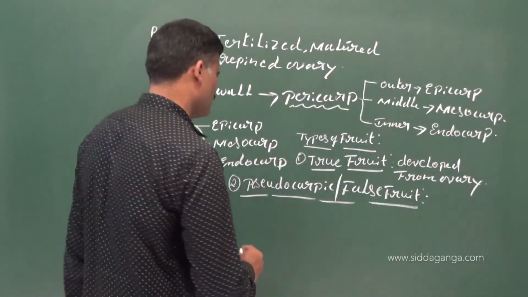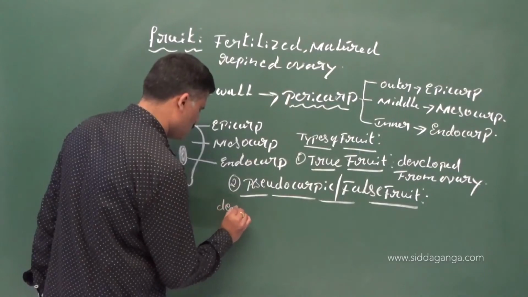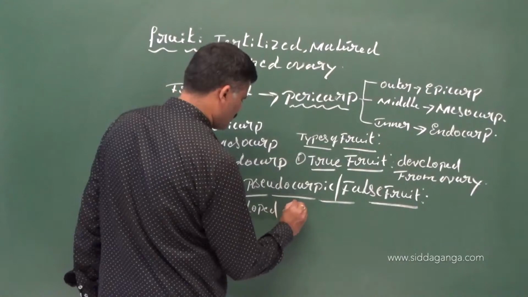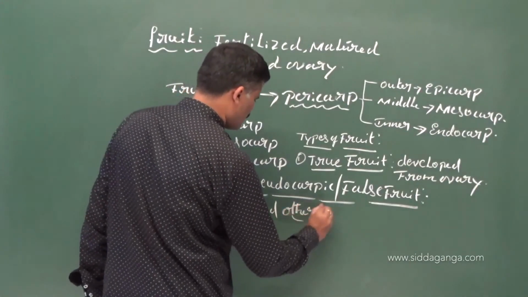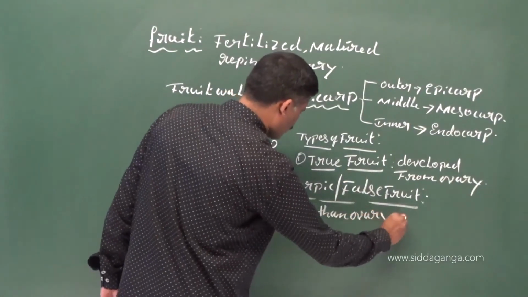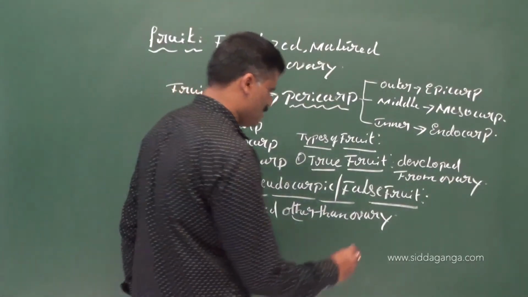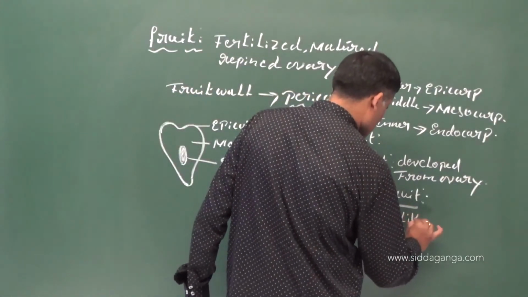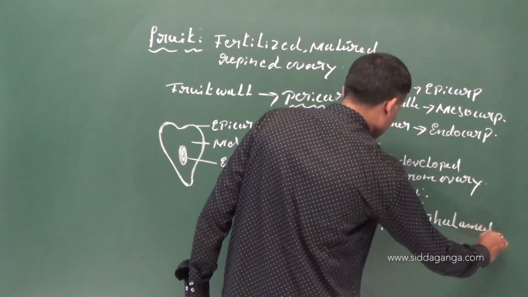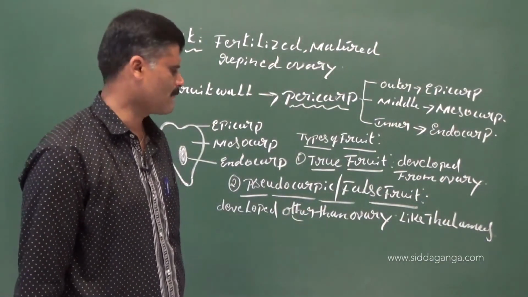Here the fruit is developed other than from the ovary. If the fruit develops from other parts than the ovary, especially like the thalamus, then that fruit is called a pseudocarpic fruit or false fruit.